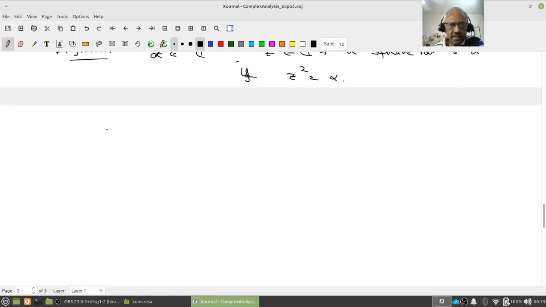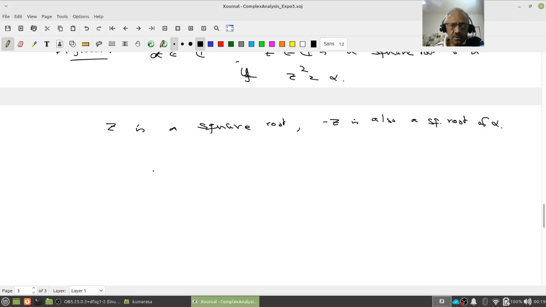And notice that if z is a square root, then minus z is also a square root. Since this is a polynomial equation, there are already two roots, and remember z cannot be 0 because I am saying alpha is non-zero.